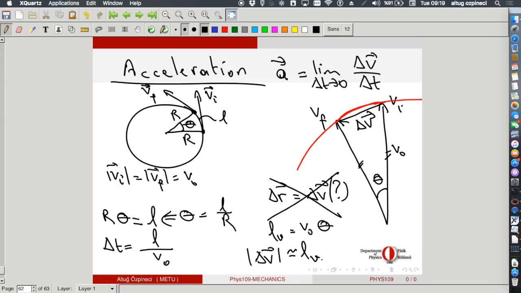But for smaller and smaller theta, the difference between delta V and LV will go to 0. Let me write it in this way. In the limit as theta goes to 0, this will be 0.